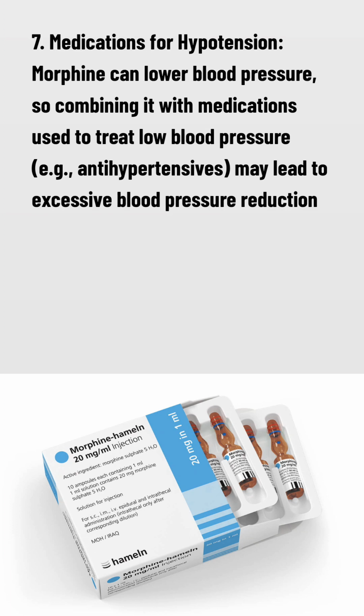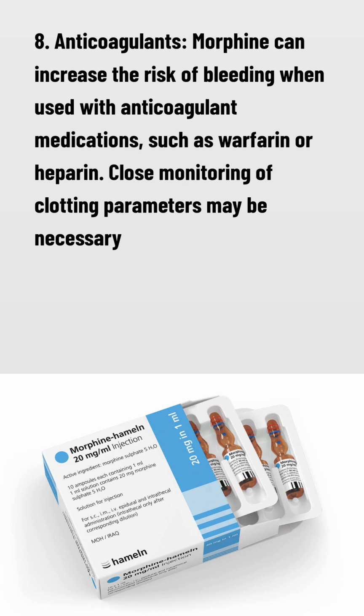Morphine can lower blood pressure, so combining it with medications used to treat low blood pressure, e.g., antihypertensives, may lead to excessive blood pressure reduction. 8. Anticoagulants. Morphine can increase the risk of bleeding when used with anticoagulant medications, such as warfarin or heparin. Close monitoring of clotting parameters may be necessary.